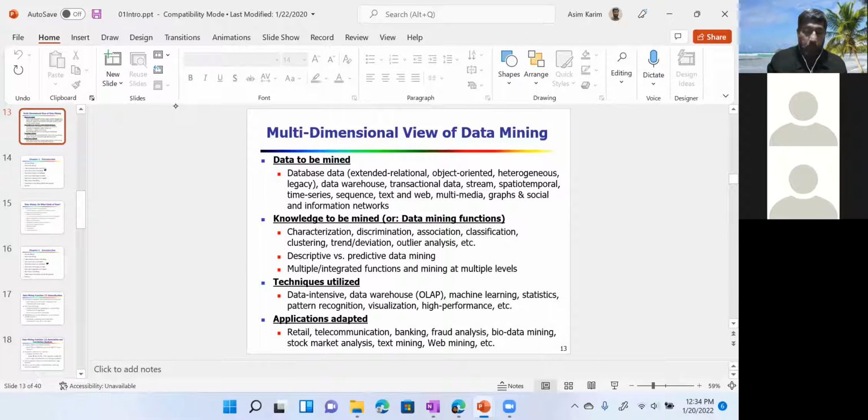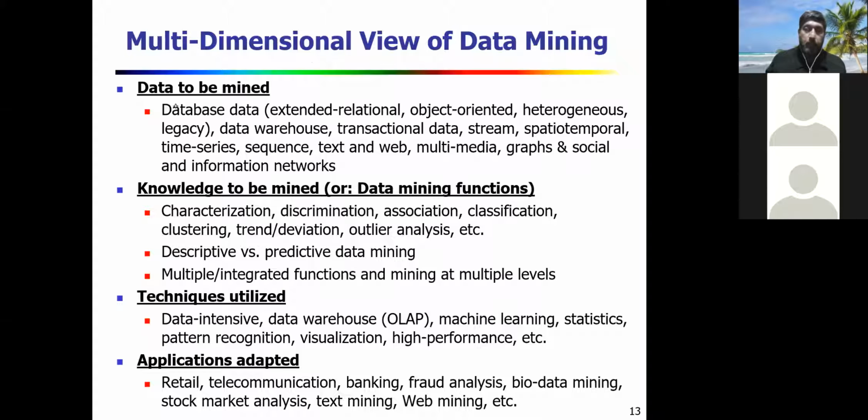So let me quickly wrap up the first chapter regarding the intro to DM. So data mining can be characterized in various ways, and some of these ways are highlighted or mentioned in this slide.